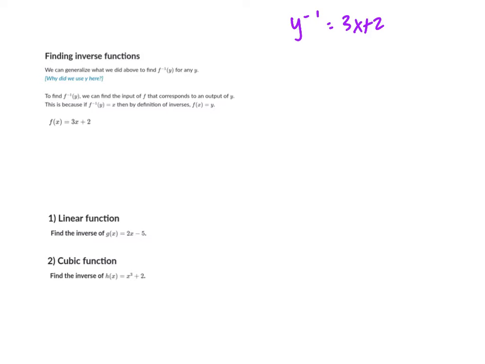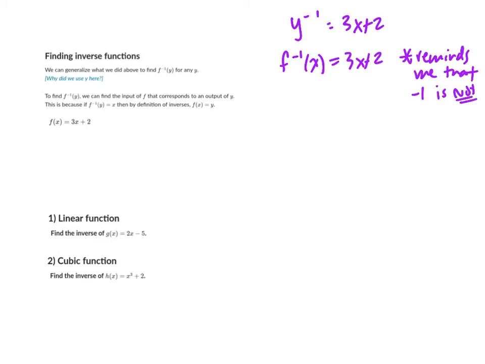This reminds me that -1 is not an exponent. Because our next unit is logs, we're going to have tons of exponents. So that's why I personally prefer this notation.